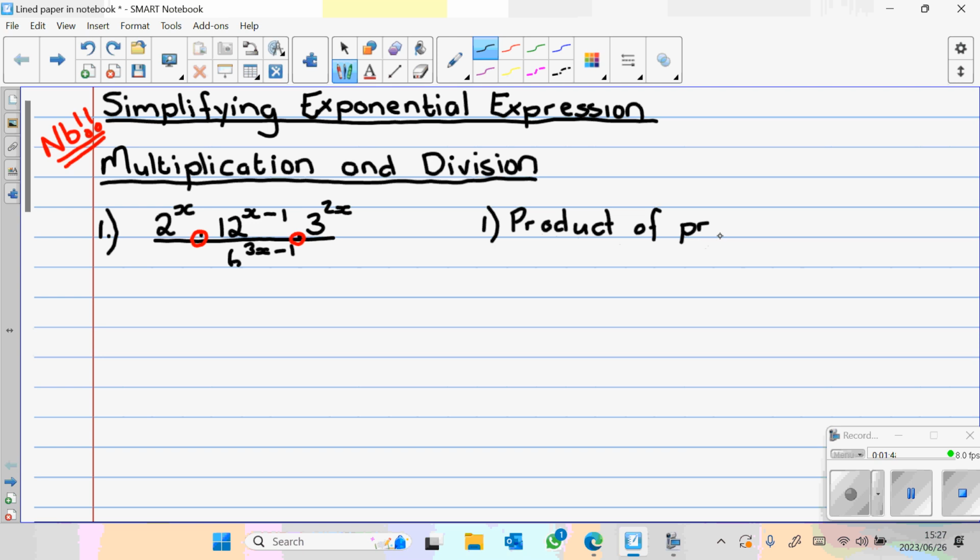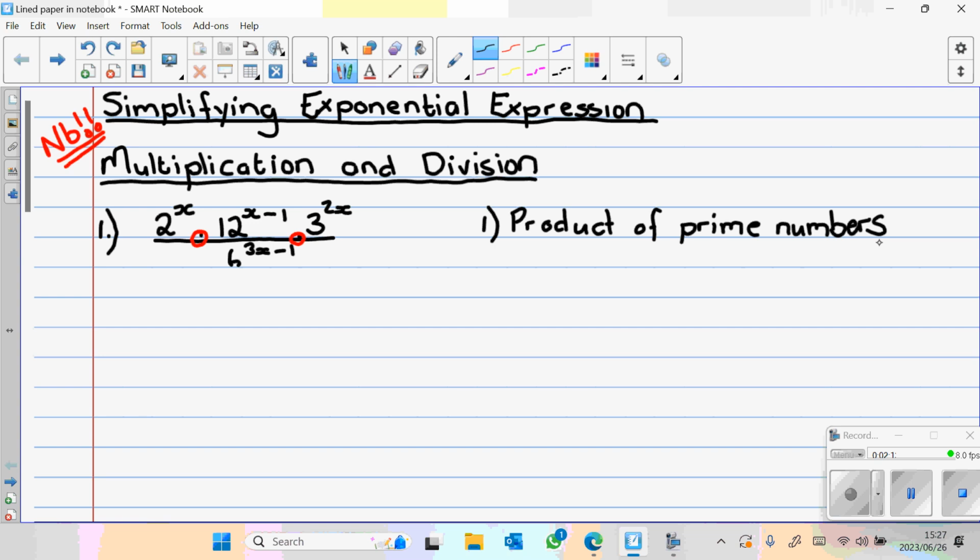And when you write a number as a product of their prime numbers, there's an easy way that you can make use of your calculator to ensure that you are always correct. And that is just by putting in the number. In this case, 12 equals shift fact.